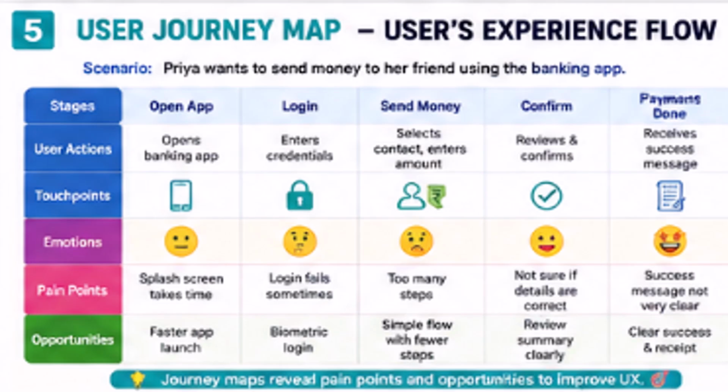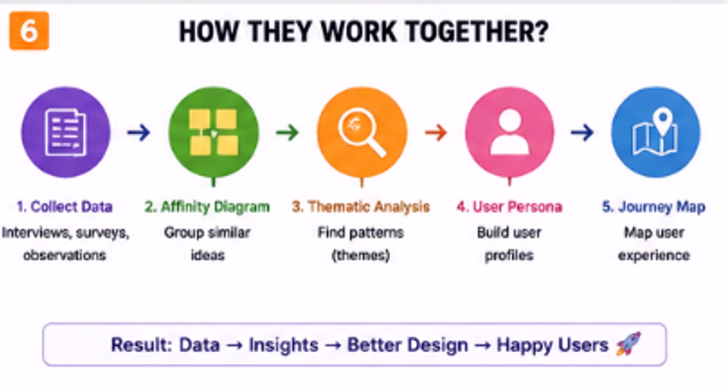Now, how they work together. These three concepts work together as part of the user-centered design process. First, researchers collect data through interviews, surveys, and observations. Then, affinity diagrams organize similar ideas into clusters. Thematic analysis identifies the recurring patterns and themes.